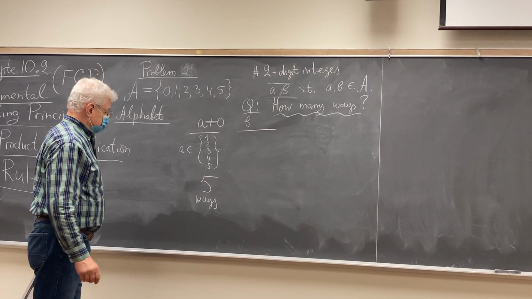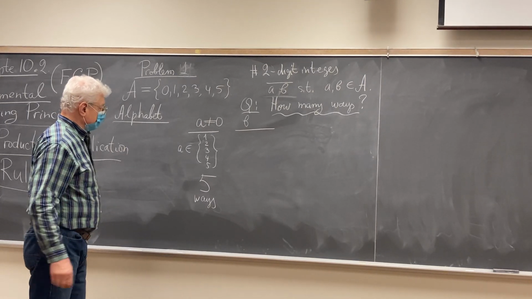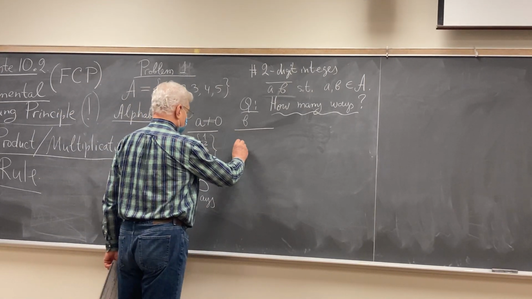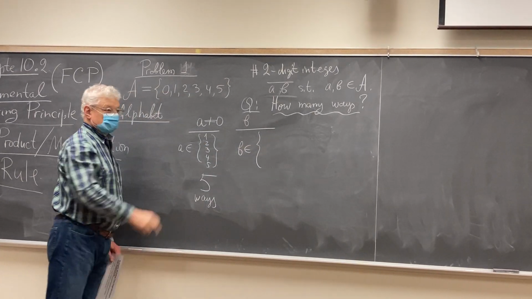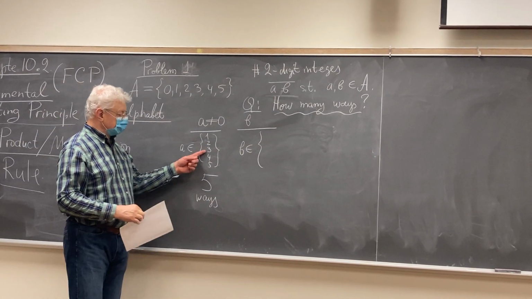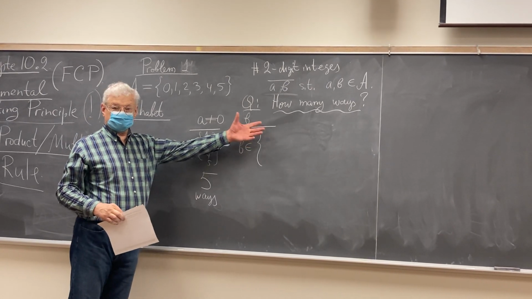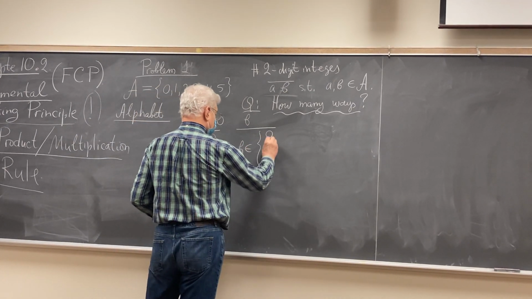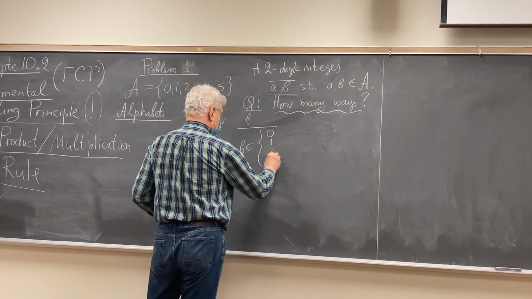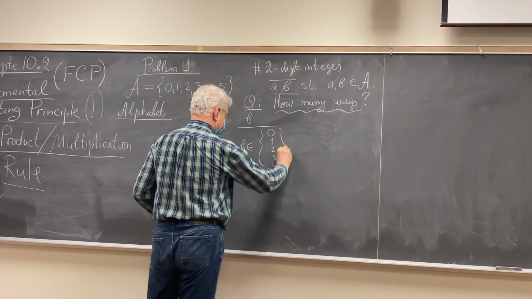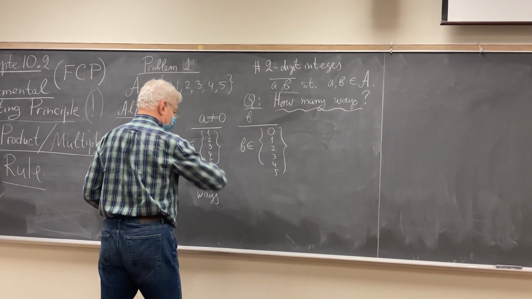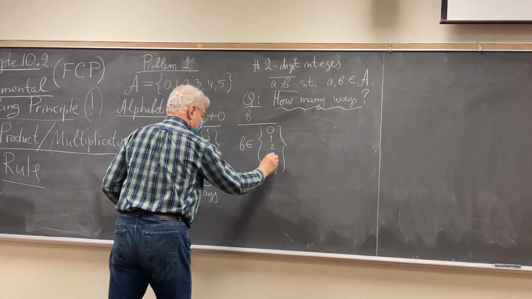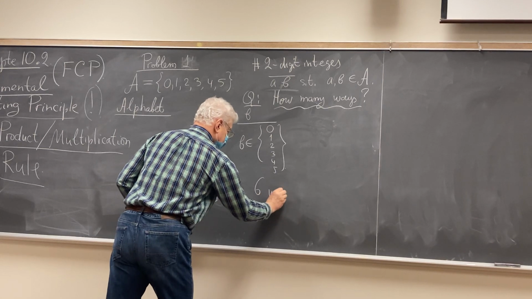Now next we have to extend. Then you take B. What could B be? Could it be 0? Yes, of course. For example, if you take 3 here and write 0, it will be 30. So 0 could be here, 1, 2, 3, 4, and 5. How many ways can you choose B? 1, 2, 3, 4, 5, 6. 6 ways.